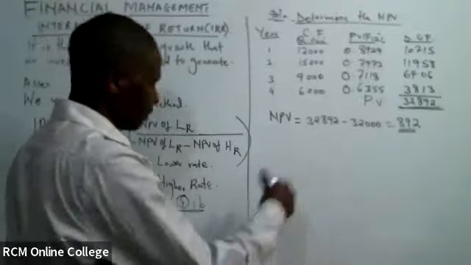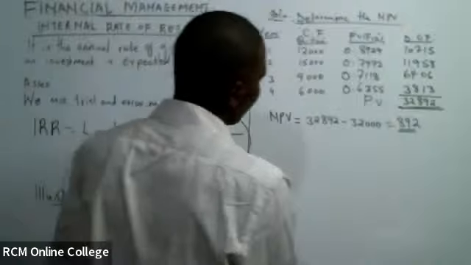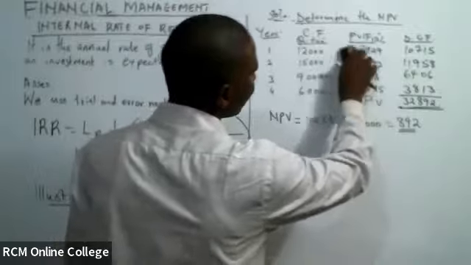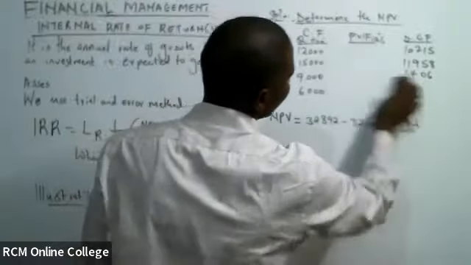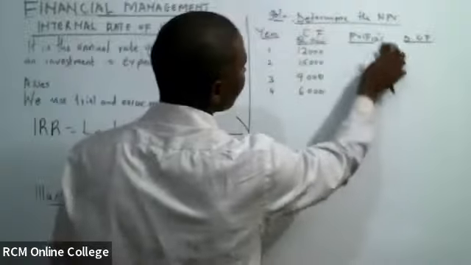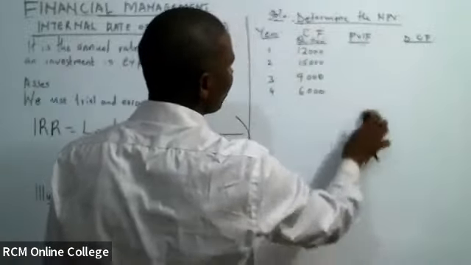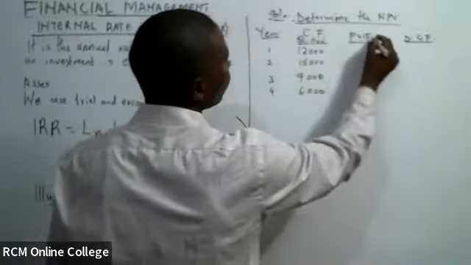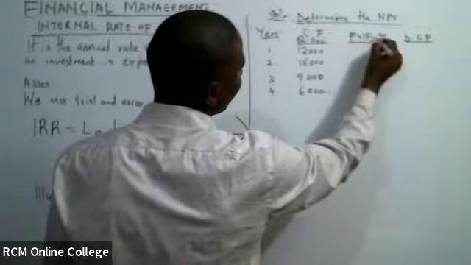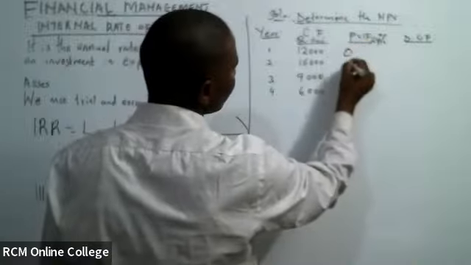So let's double that. I will not repeat the whole of this; I will just eliminate all this, and then double my 12 to be 24. So for you, you have to have another one.